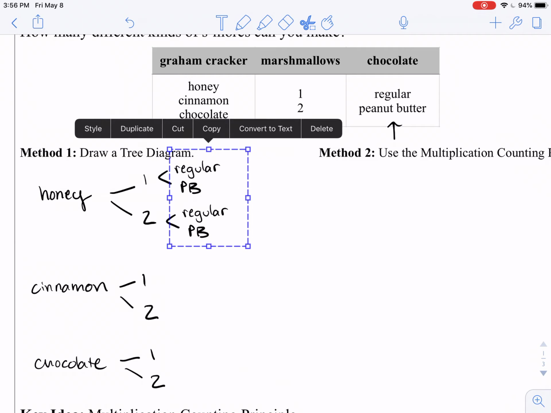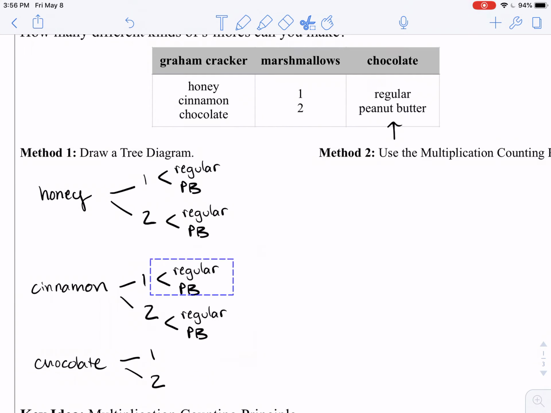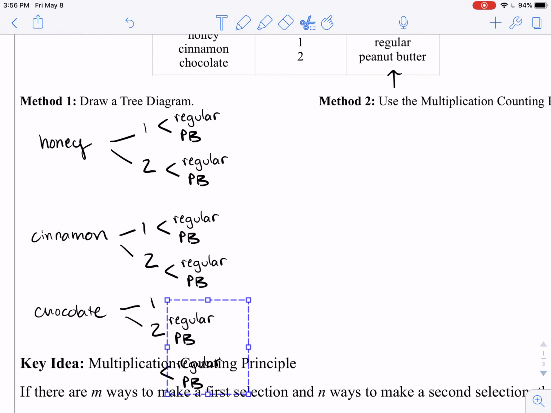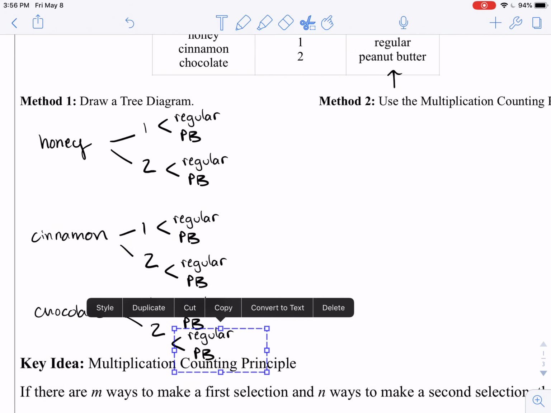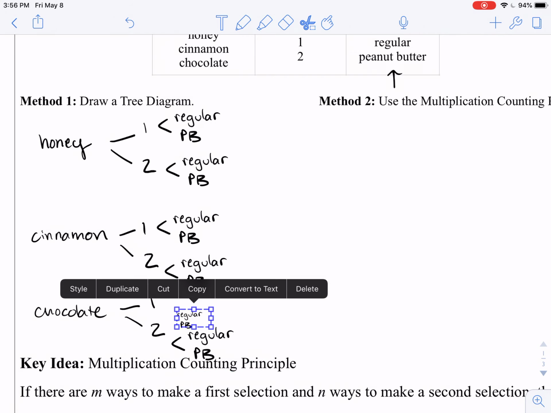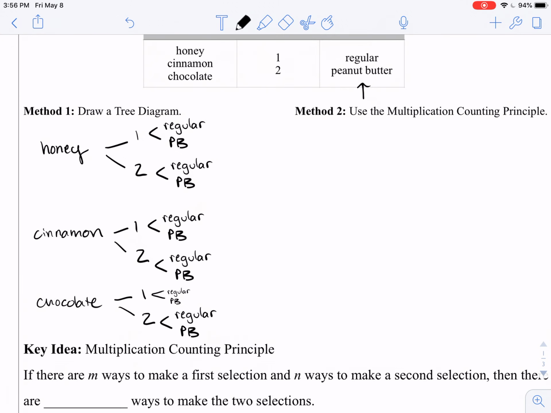And then again, cinnamon with 1 with regular peanut butter, 2 regular peanut butter, and finally, chocolate with 1 marshmallow, regular peanut butter, and chocolate with 2 marshmallows, regular or peanut butter. So this is what a tree diagram looks like.